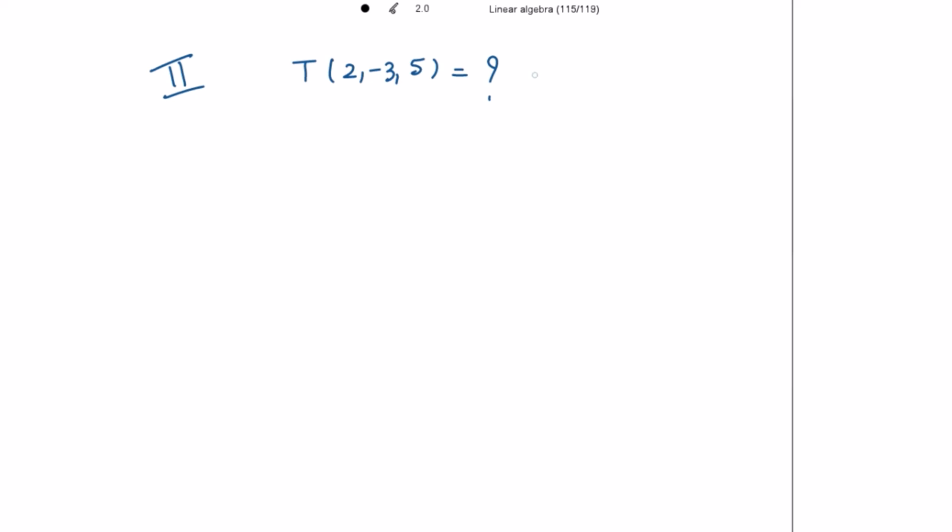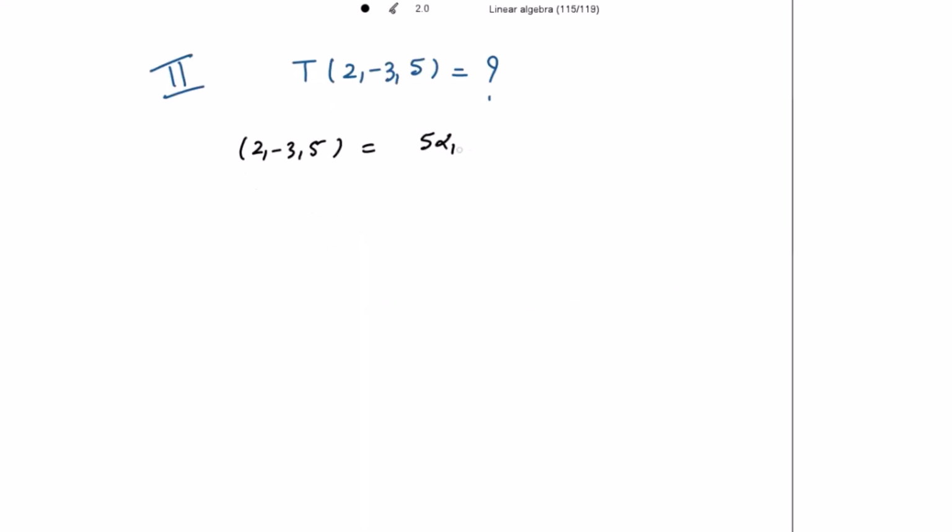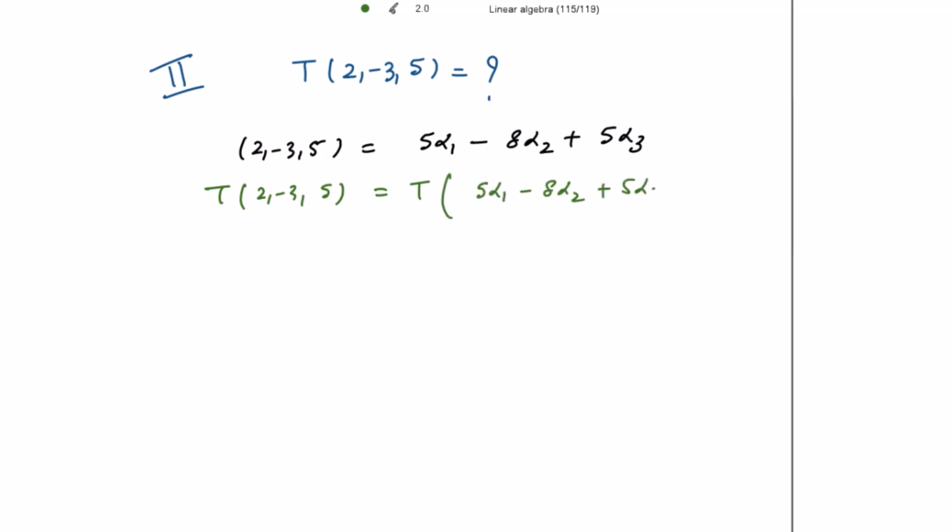Secondly, we need to find this T of 2, minus 3, 5. We know that this 2, minus 3, 5 is equal to, just now we have found that, 5 alpha 1 minus 8 alpha 2 plus 5 alpha 3. So T of this vector equals T of 5 alpha 1 minus 8 alpha 2 plus 5 alpha 3.